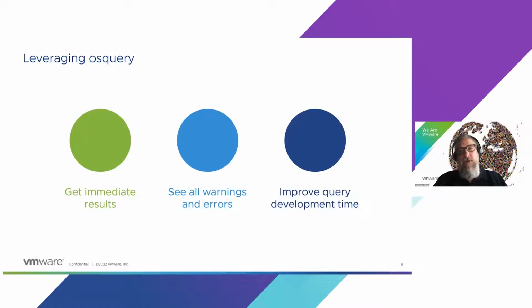All of this together really improves and limits the time spent developing your queries. When you're trying to meet use cases, and especially if you're just learning SQLite, you're making a lot of mistakes. But in using this method, you're going to see that you can really iterate on this very quickly and come up with some really, really valuable queries.